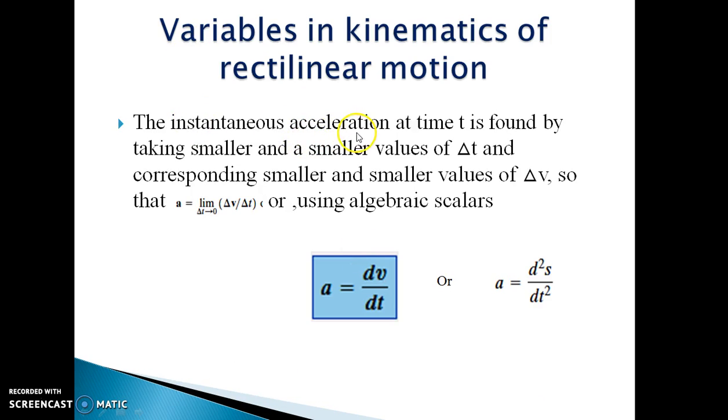The instantaneous acceleration at time t is found by taking smaller and smaller values of delta t and corresponding smaller and smaller values of delta v, so that our equation becomes A is equal to dv by dt, or A is equal to d square s upon dt square.